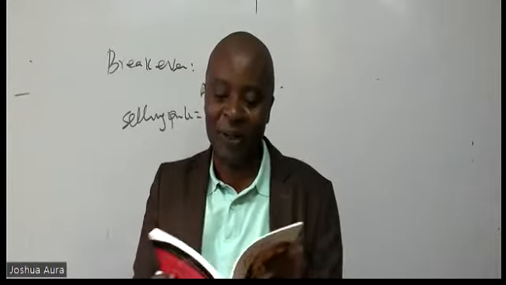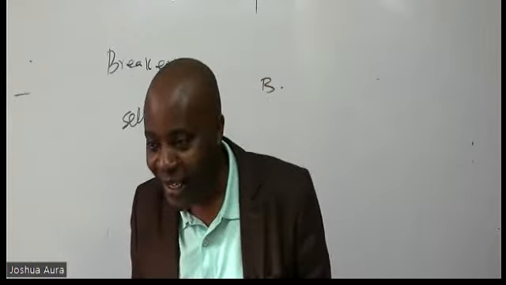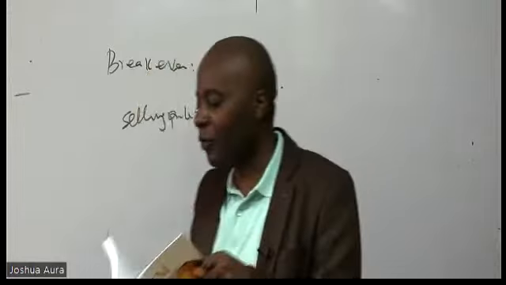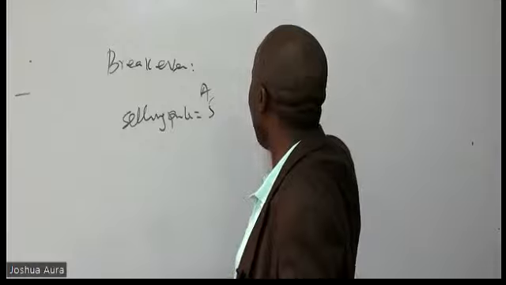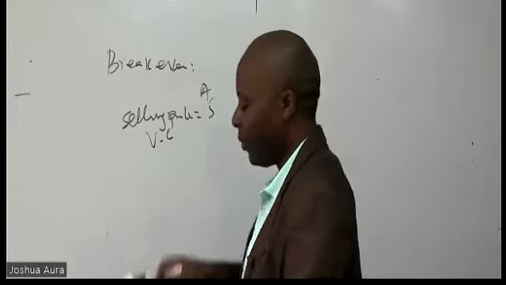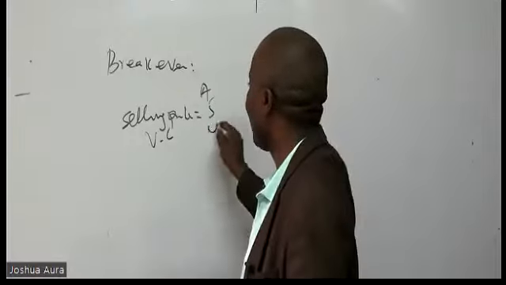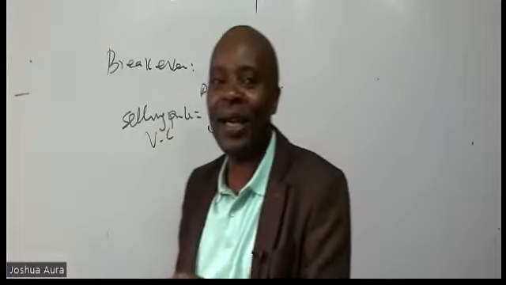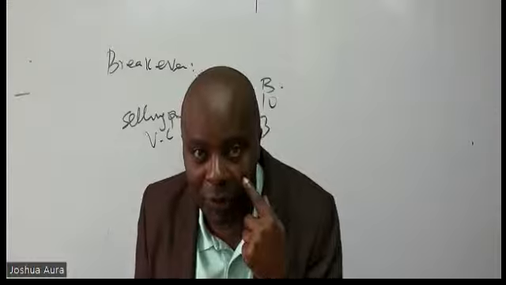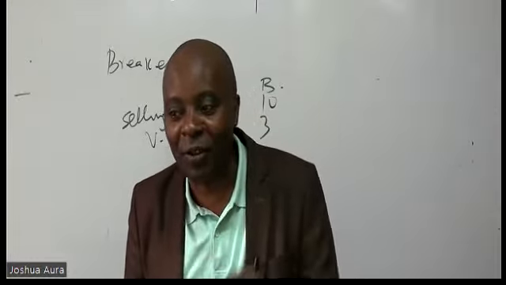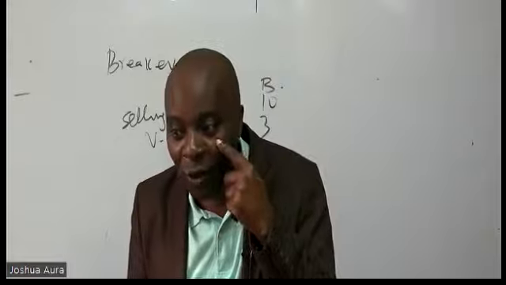From additional information 1, are you able to see the selling price? The selling price is 5 and 10, right? Variable cost for A and B, note 2, we can see 4 and 3. When I see selling price and variable cost, what should come to my mind very fast, even if I don't know what is being asked?